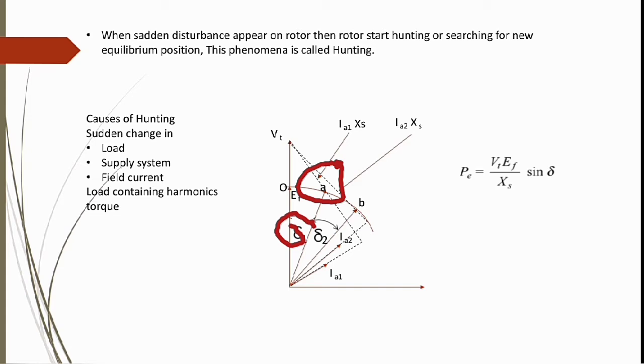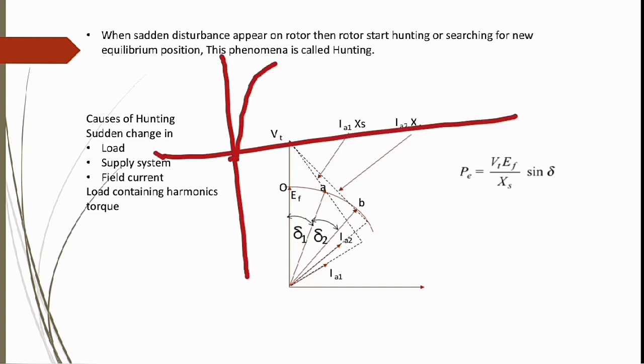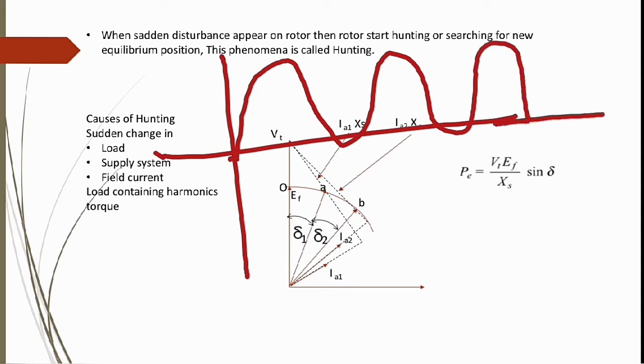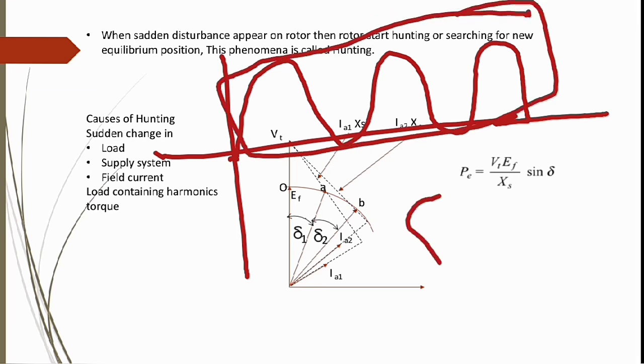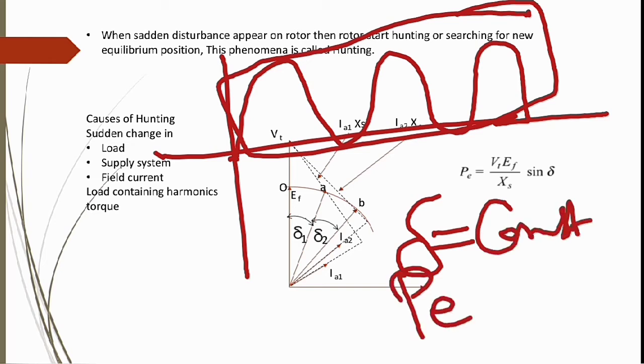It starts moving due to the inertia of the rotor. The acceleration happens between O to A, then A to B, then B to A, and A to O. Through this oscillation, which is the hunting phenomenon, it finds the position where delta is constant and where PE equals PM.